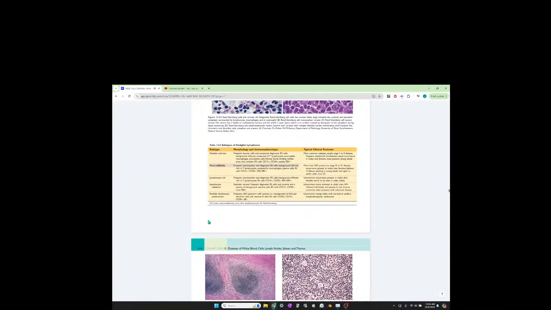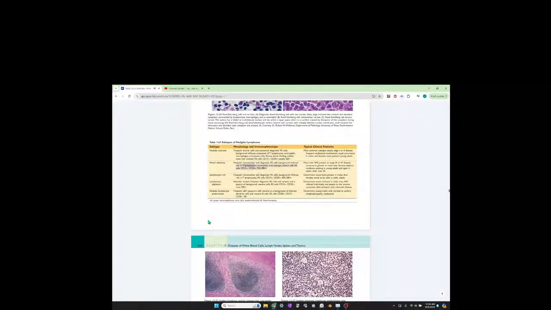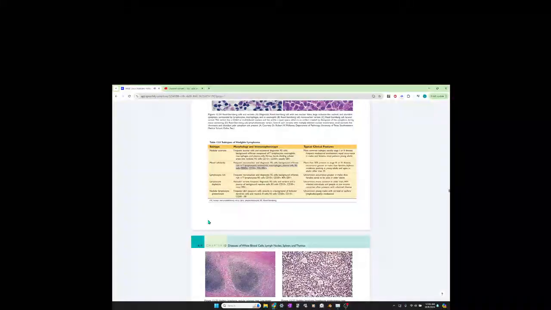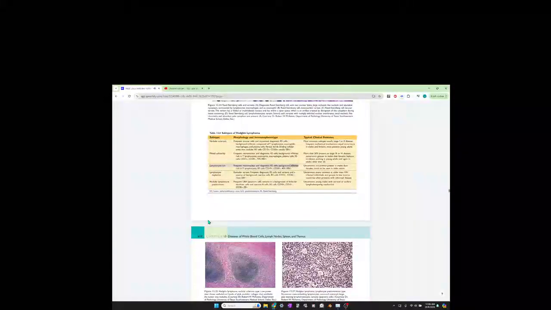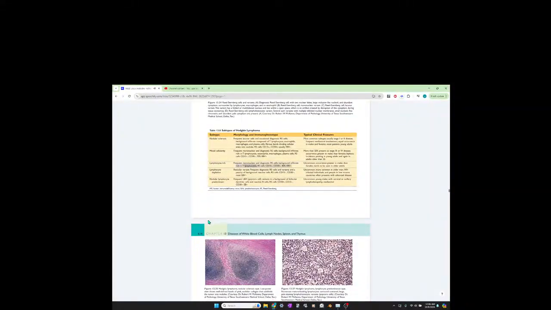Mixed cellularity: frequent mononuclear and diagnostic RS cells, background infiltrate rich in T lymphocytes, eosinophils, macrophages, plasma cells, RS cells CD15, CD30, 70% EBV. Lymphocyte rich: frequent mononuclear and diagnostic RS cells, background infiltrate rich in T lymphocytes, RS cells CD15, CD30, 40% EBV.